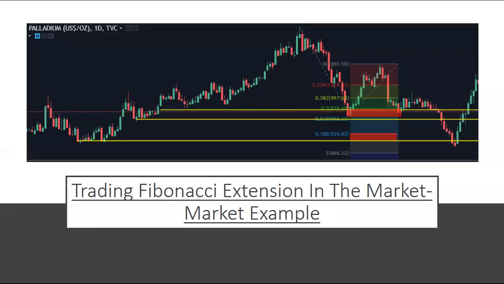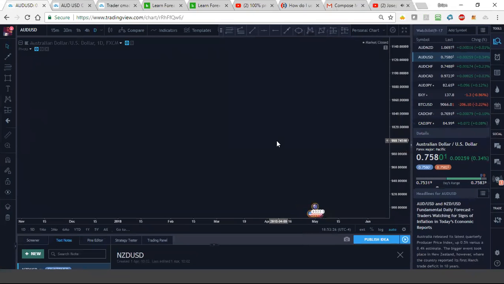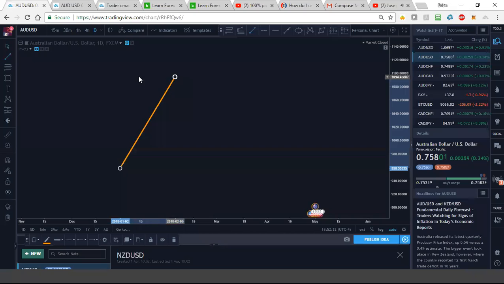Now let me take a step back and show you guys how you actually want to draw out the fib extension tool. Okay, so let's say we have our swing high, price comes down, right?